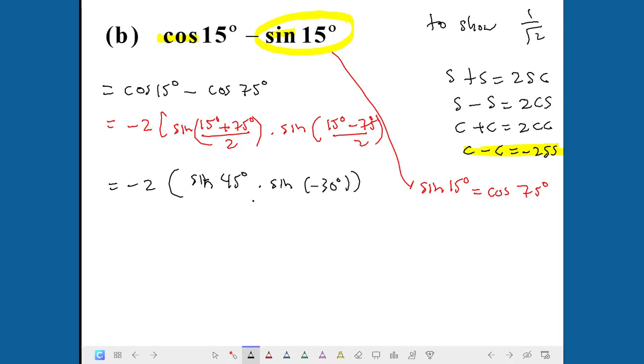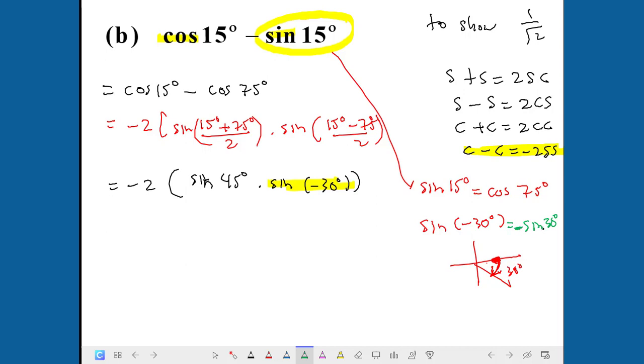Sine of negative 30 lies in the fourth quadrant, measured clockwise, so that is negative.